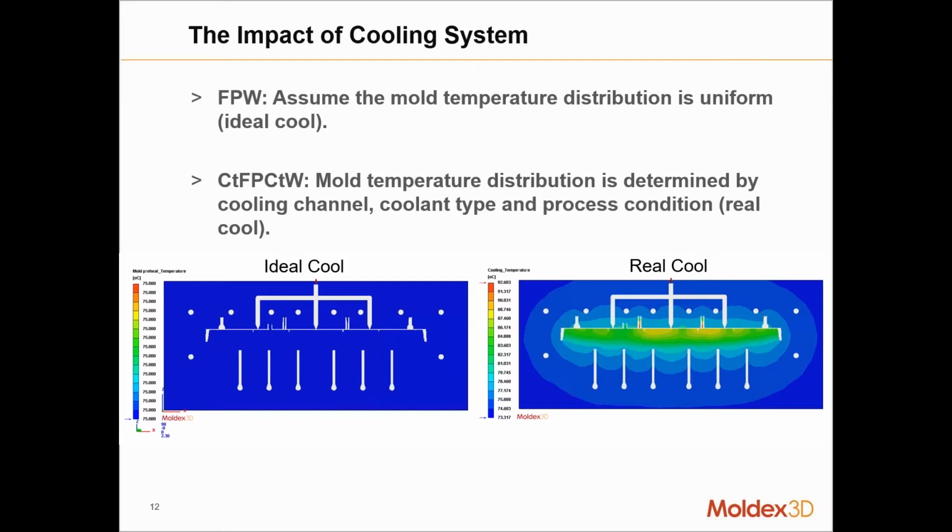So with simulations, it is very easy and straightforward to set up a generic cooling layout for your model, right? So once you set up a generic cooling layout, you can run a simulation without a cooling analysis.